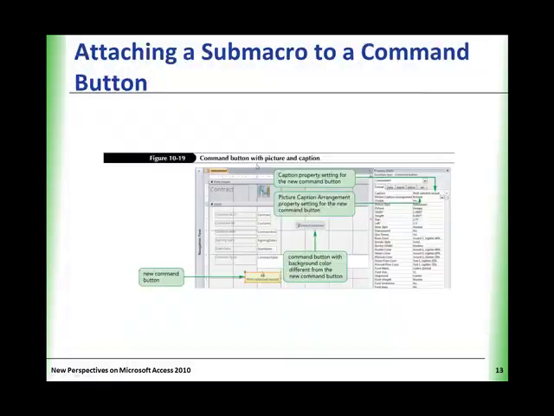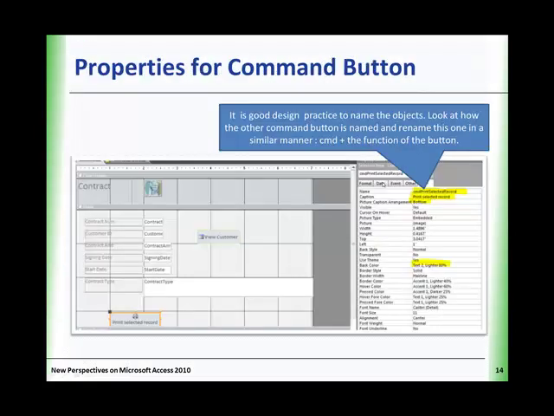One thing you'll notice here, it's command 42, and when we come to this one, I have changed the name of the command buttons. It is just good design practice that whenever you're creating an object on a form, a command button, a text box, a label, that you give it a name, and the name uses the standard naming conventions. So if I'm creating a command button, I'm going to name it CMD for command plus whatever it is the button does.